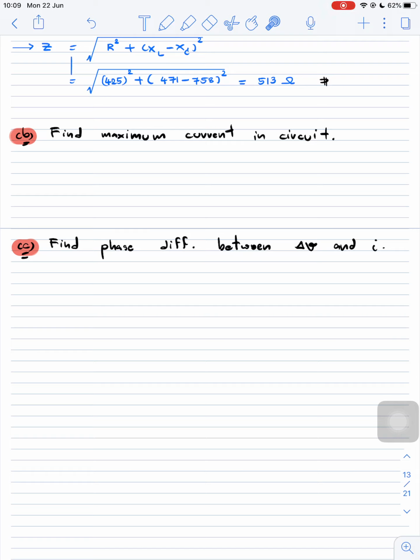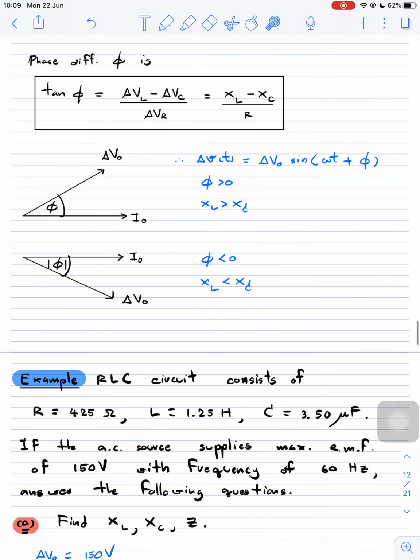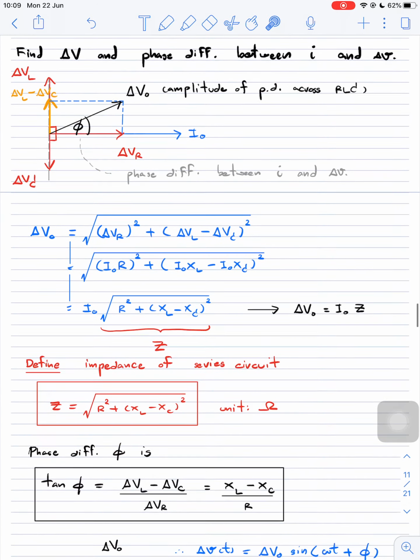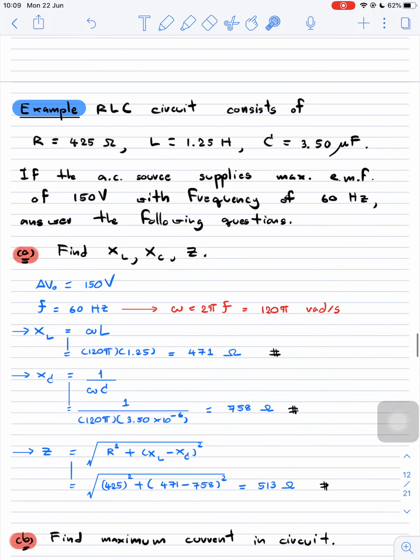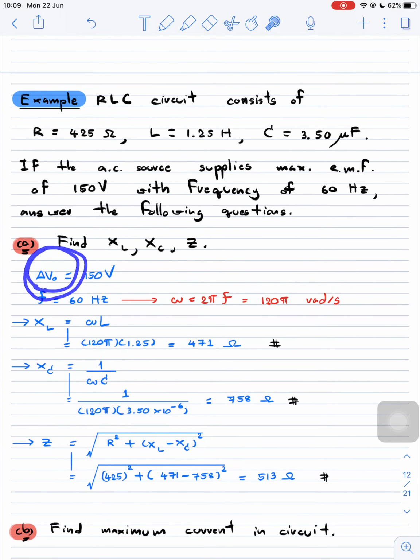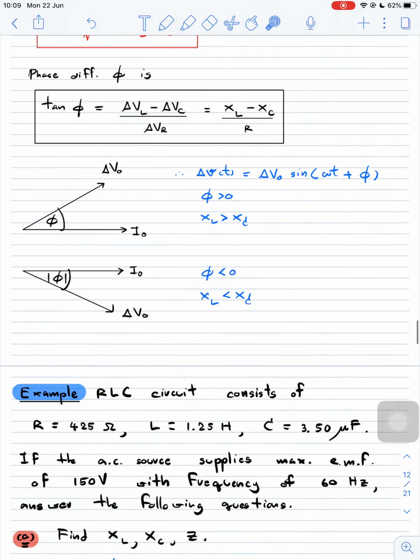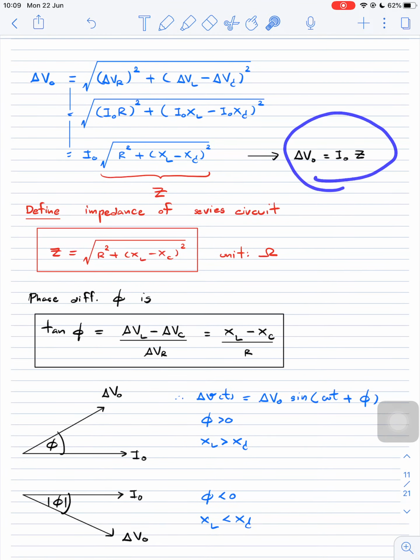Now for part B, we just want to find the maximum current in the circuit. It means that we just want to find this I0, the maximum current of the circuit. What we know is delta V0, the maximum EMF across the source, and we know Z. Then to find I0, we can use this relationship between the maximum electromotive force and the maximum current.